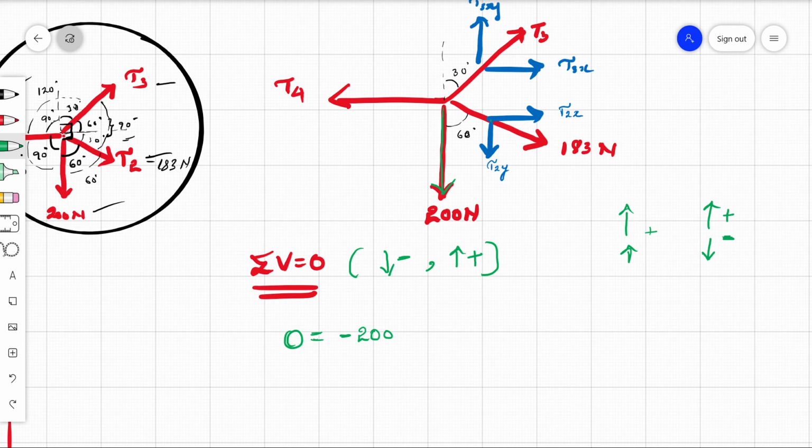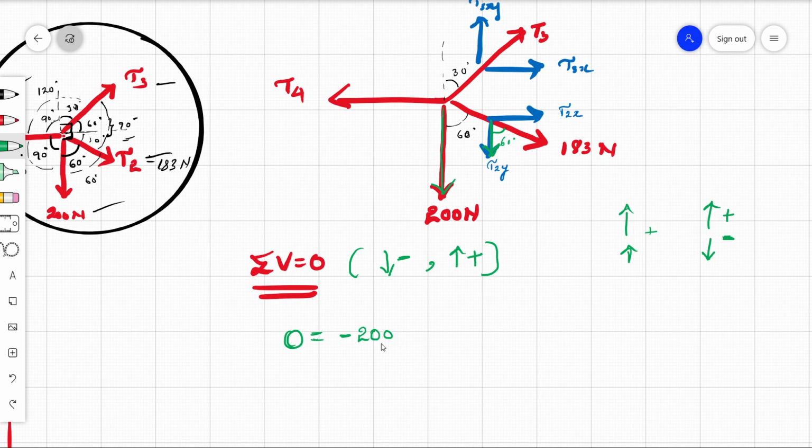Then the second thing is, this is a downward force. Again in the vertical, T2y. What is T2y? What is the angle it is made? It is made at an angle of 60 degrees. Whether the angle is made to the x-axis or y-axis, it is made to the y-axis, right? And it is in the downward direction.